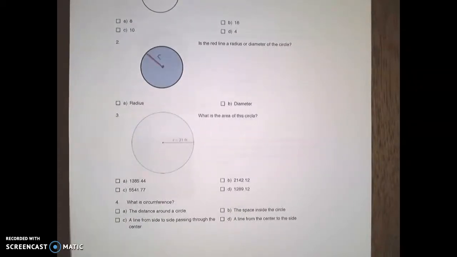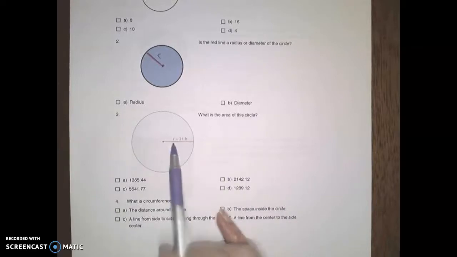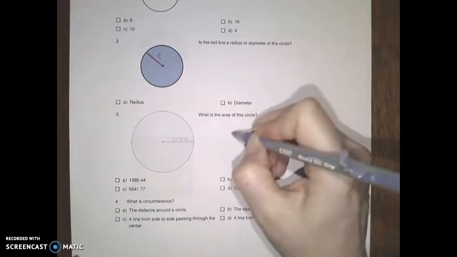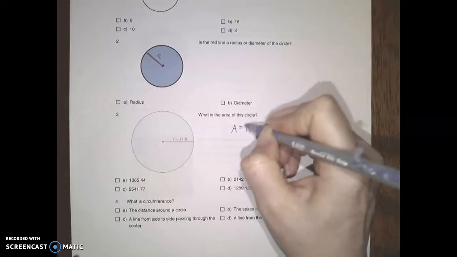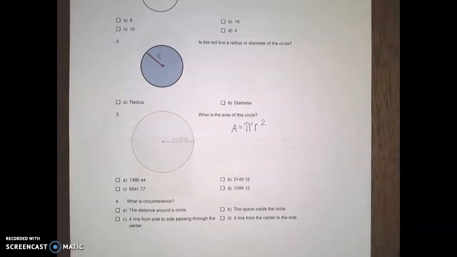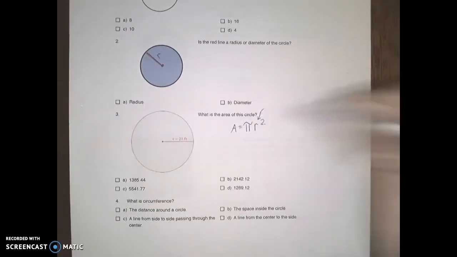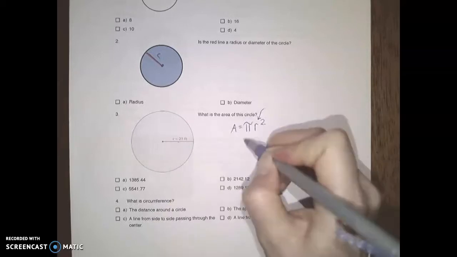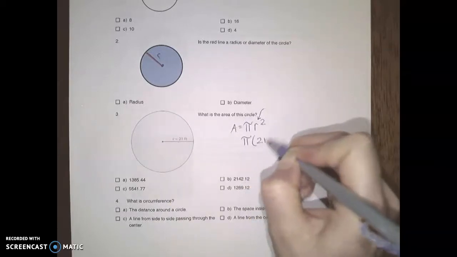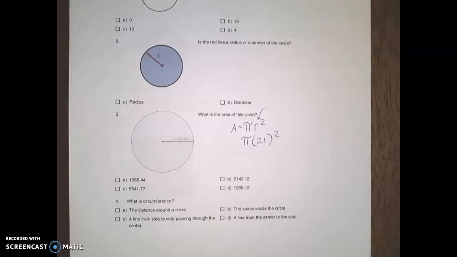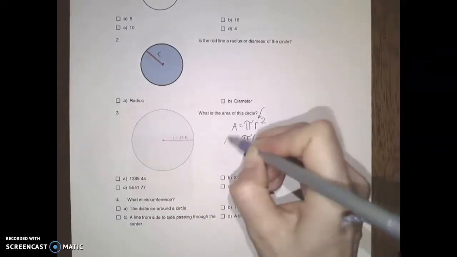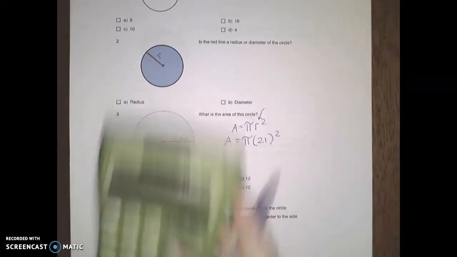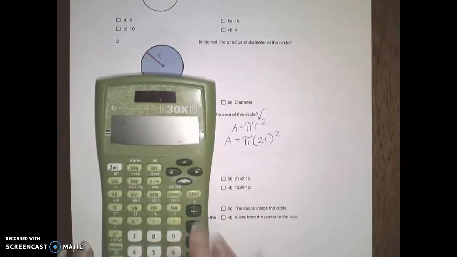Question number 3. Okay, area. In order to do many of these questions, like I said in my first video last week, you need to write your formula. Once you have a formula written, here we need a radius. We are given a radius. All you're doing is plugging in that radius. Then all you got to do is throw that right into your calculator. Once again, I'll show you throwing this in.